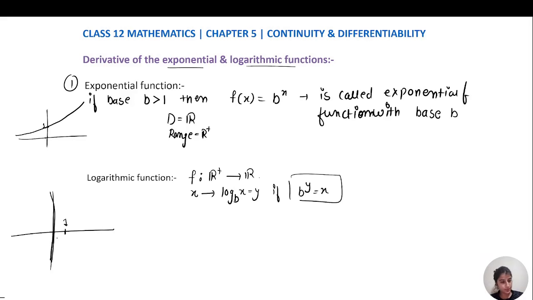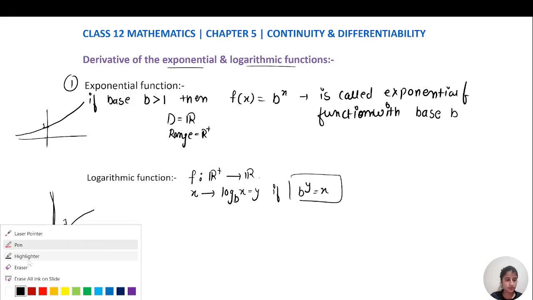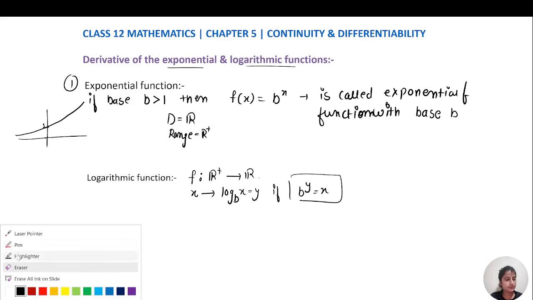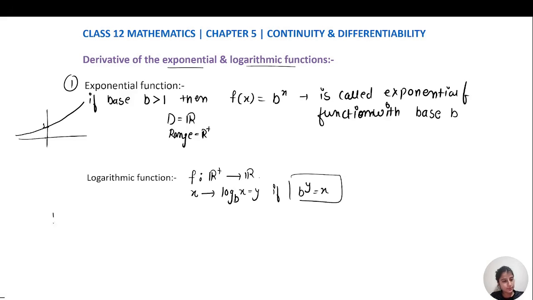I am not at all good at graphs, but let me try once. The log x graph at 1 takes value 0, that is the point (1, 0), and its graph will go like this. This is my exponential graph and this is my logarithmic graph.